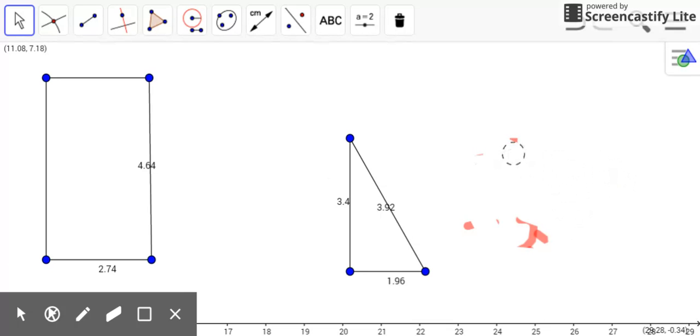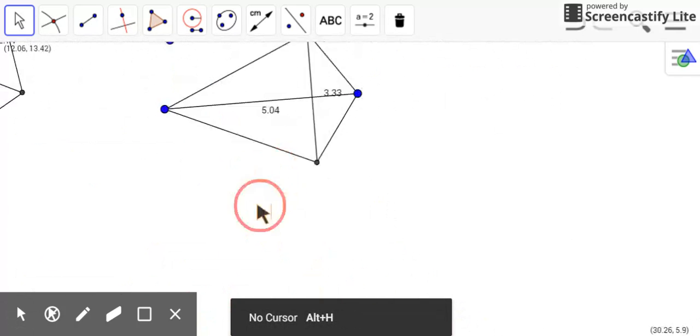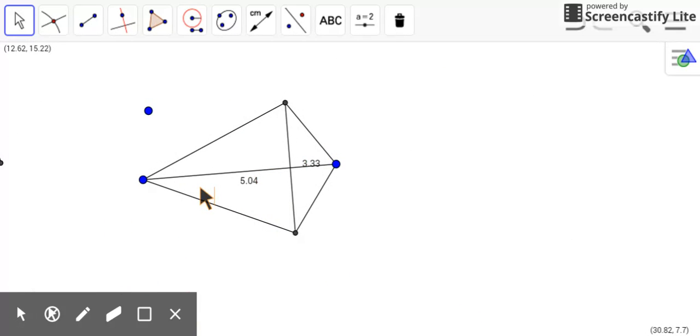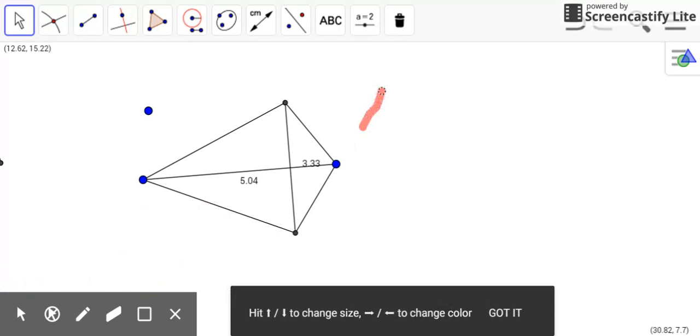Next shape I'm going to show you is a kite. And this one's a little different. You don't really use base times height. You use A and B, which are the diagonals, times 1/2.